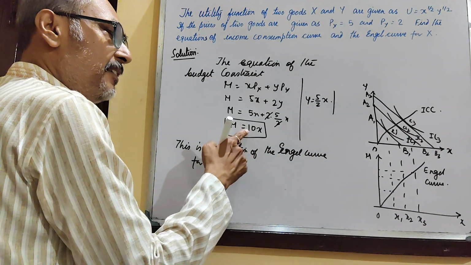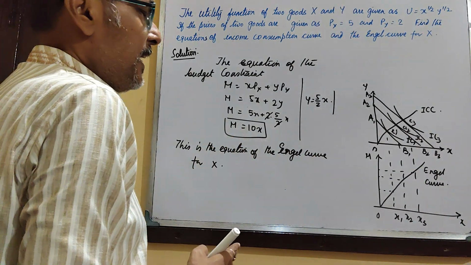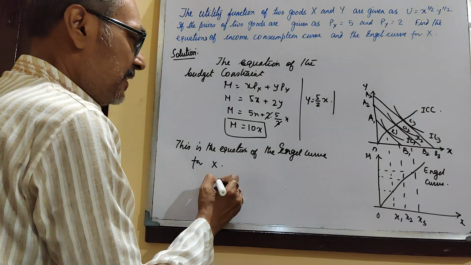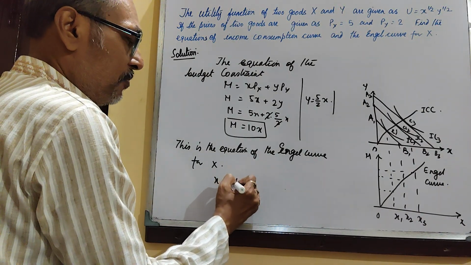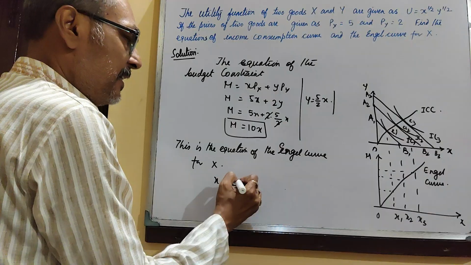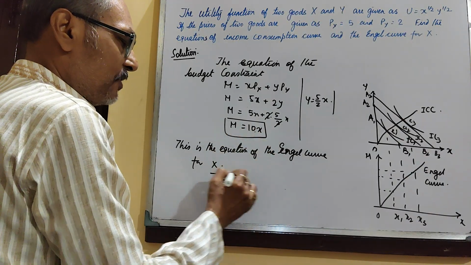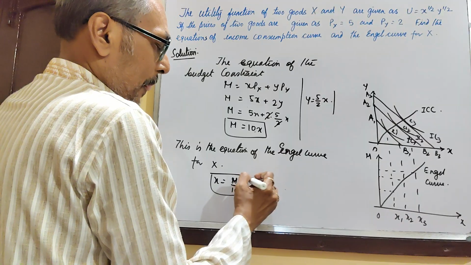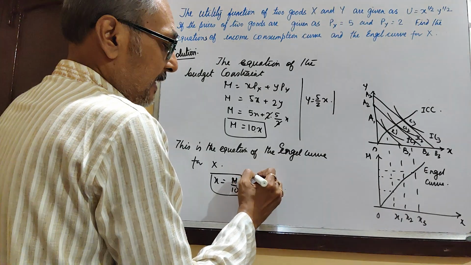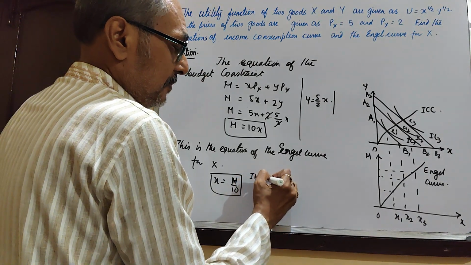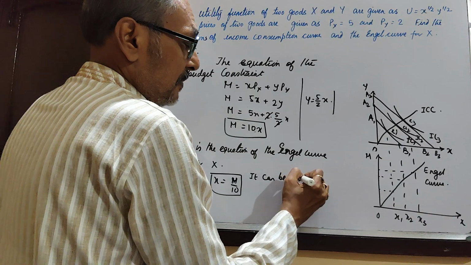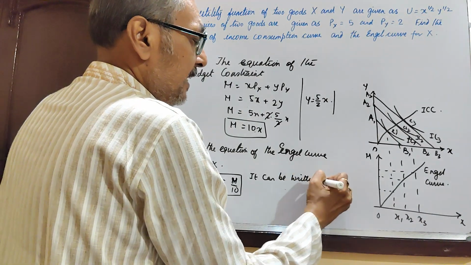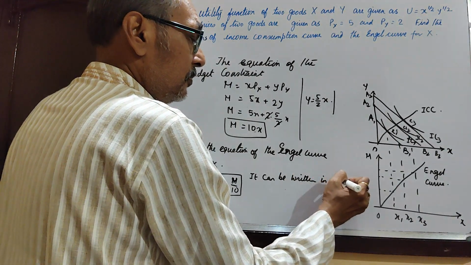We can write it like this, m equals 10x, or we can write x equals m/10. Either in this form or in this form, this is also the equation of the Engel curve. It can be written in this form also.